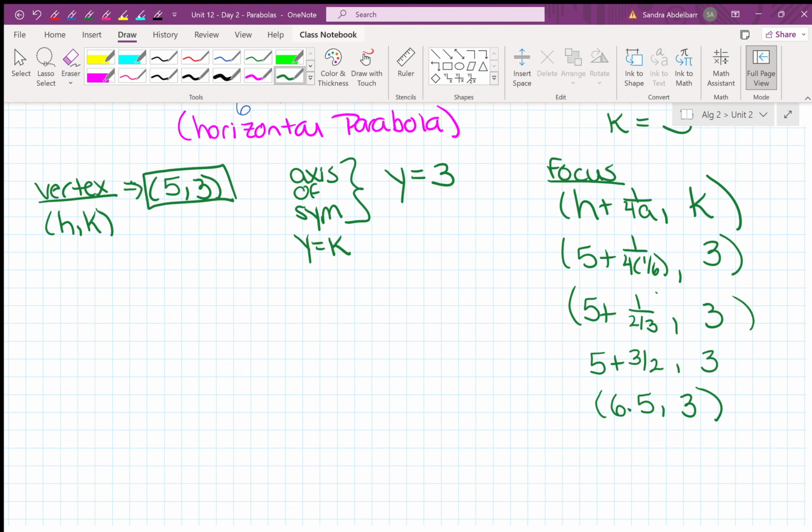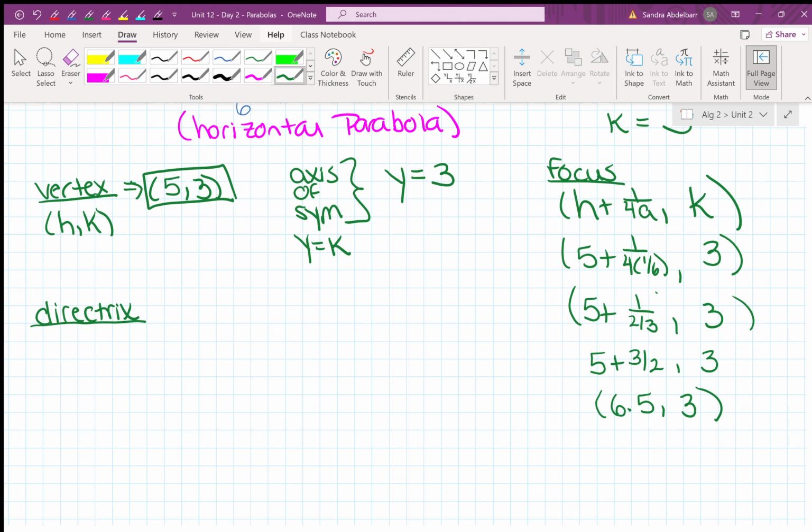All right, next one, directrix. It is a vertical line, right?